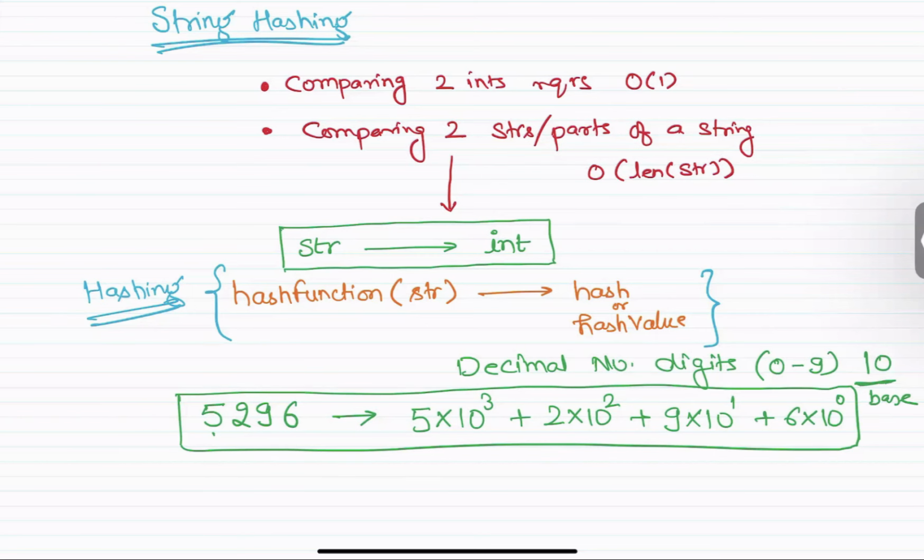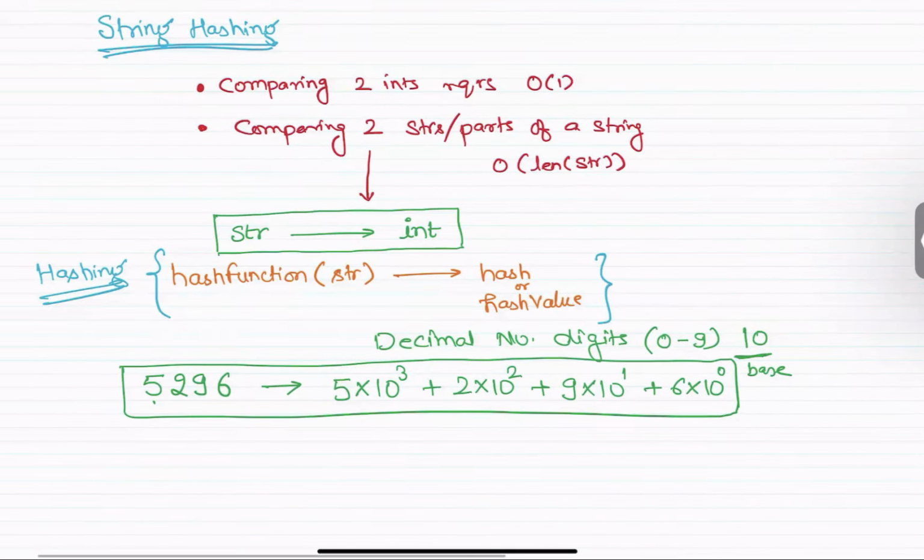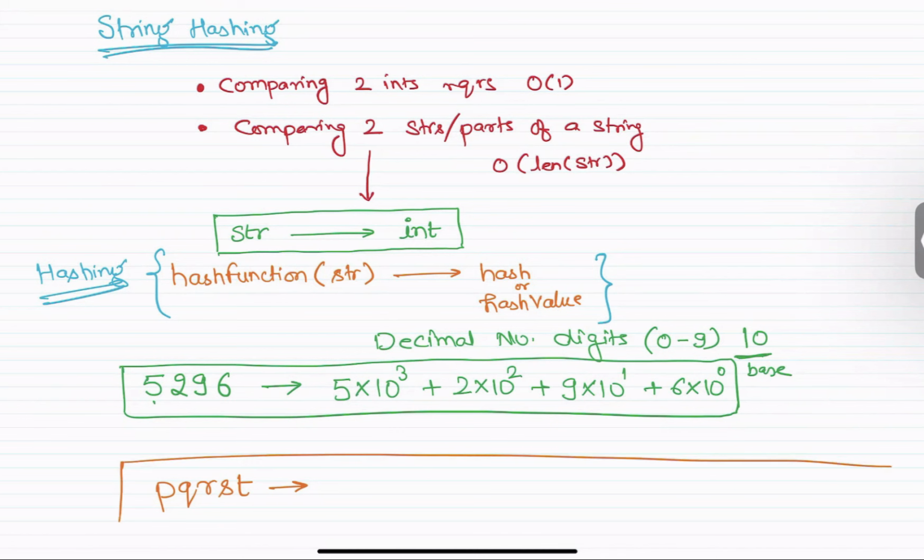If we apply the same analogy to a string, let's say I give you the string PQRST. In decimal we talked about how many digits there are; among lowercase alphabets, how many are there? 26.